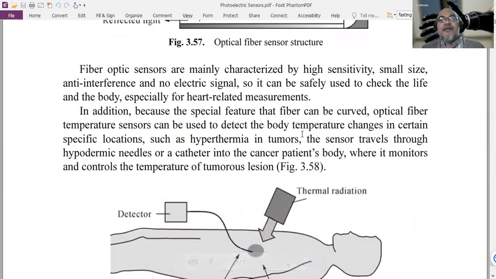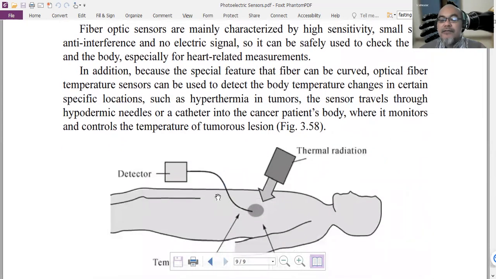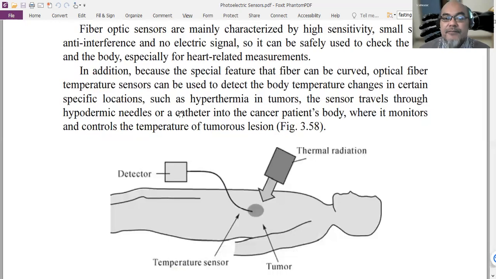So this optical fiber can then be used to measure the body temperature inside, not outside, but really the temperature inside at a specific location. For example, hyperthermia in specific tissue that has become a tumor.